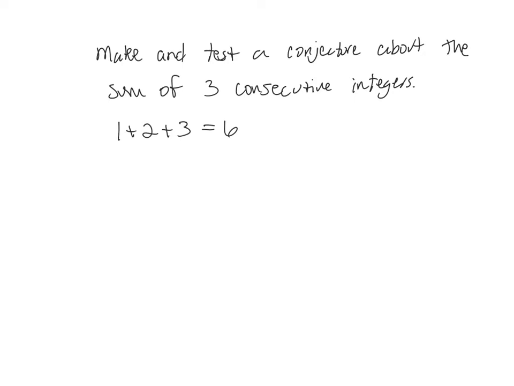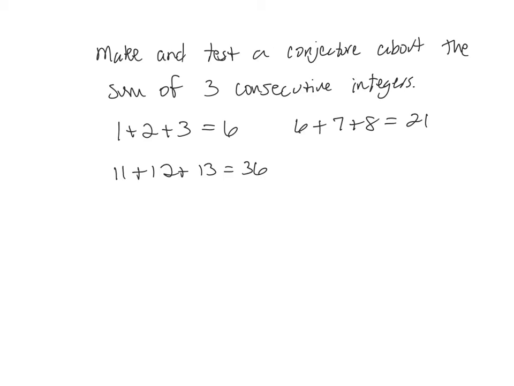And so what you want to do for this is just come up with 3 or 4 different examples, and then we're going to try to see if we can find a shortcut kind of thing. So if I did 6 plus 7 plus 8, that would be 21. So I did 11 plus 12 plus 13. That would be 36. And you could have some overlap.